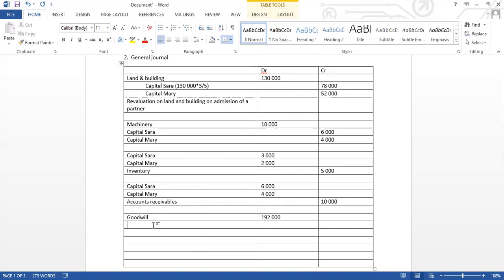So in this case, it will be 192,000. We have partner Mary, so we have to credit Mary's capital account, capital Sarah and capital Mary.